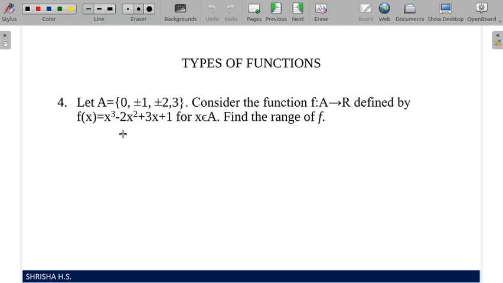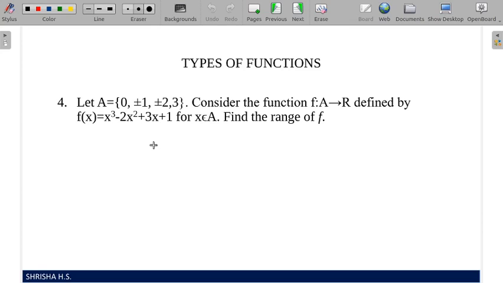So let A equal to 0, plus or minus 1, plus or minus 2 and 3. Consider the function A to R defined by f of x equal to x cube minus 2x square plus 3x plus 1 for all the elements x of A. Find the range of f. So by definition, what is the range of f?